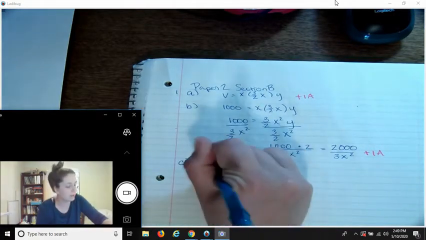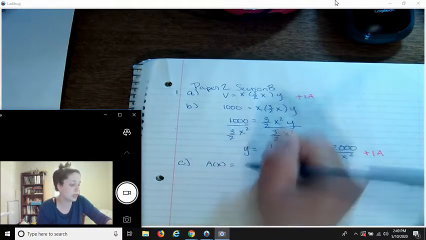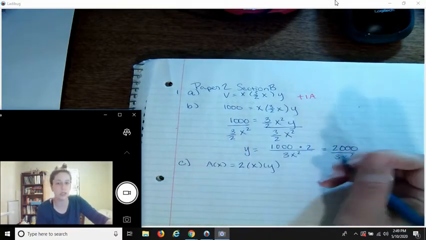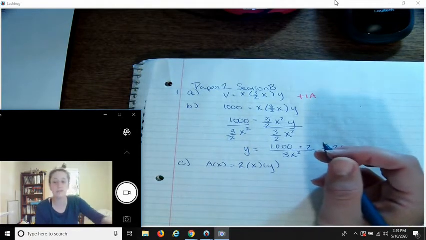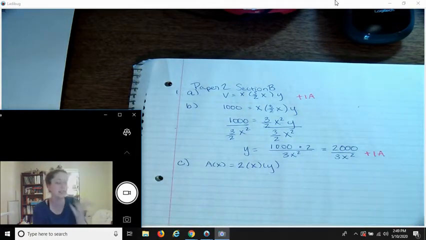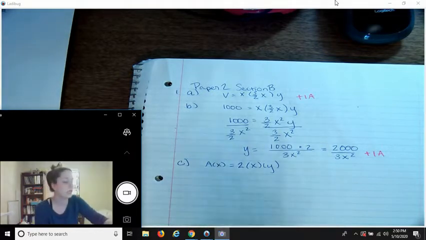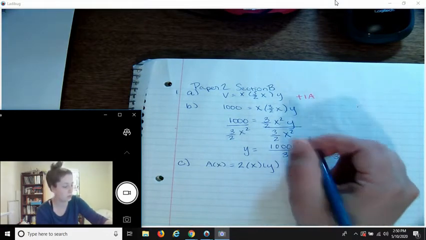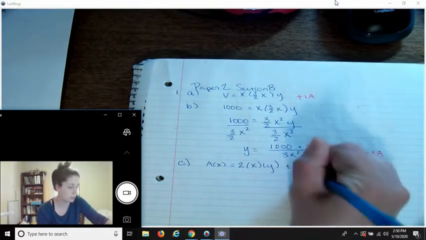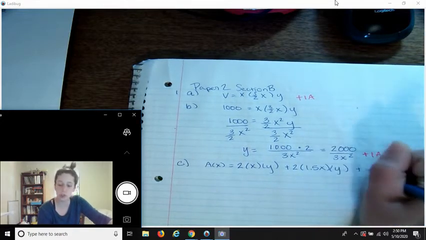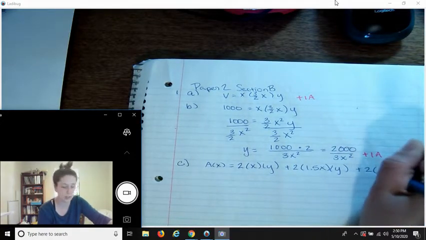So our A of x should be 2 times xy. Basically, we have the combination of each of the 2. It's like a combination of 3 things, choosing 2 at a time. Okay, so 2 times x times y plus 2 times 1.5x times y plus 2 times 1.5x times x.